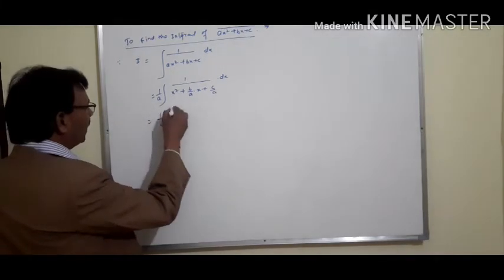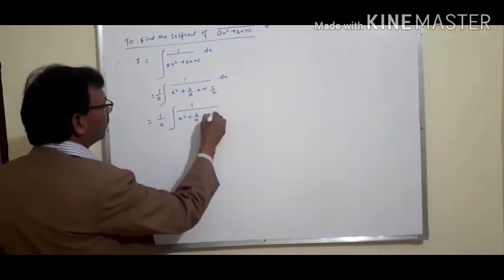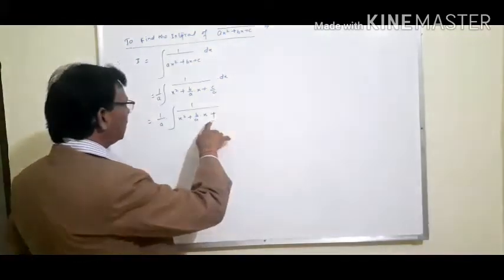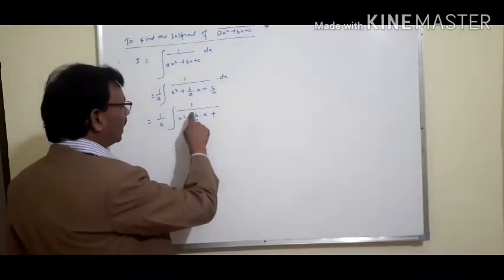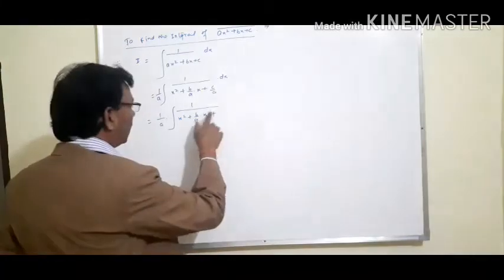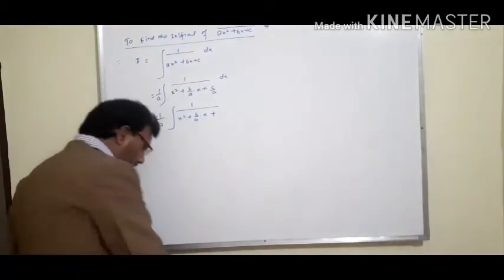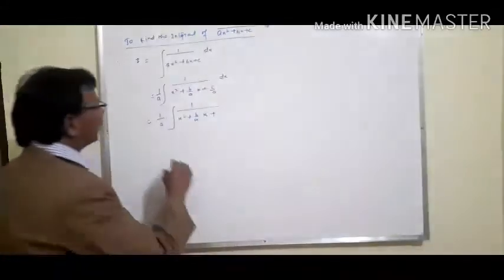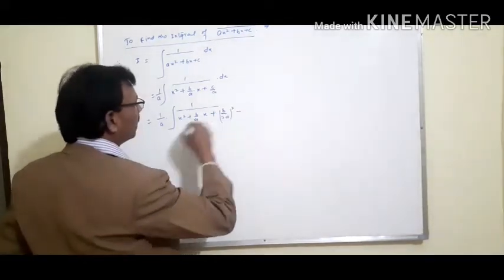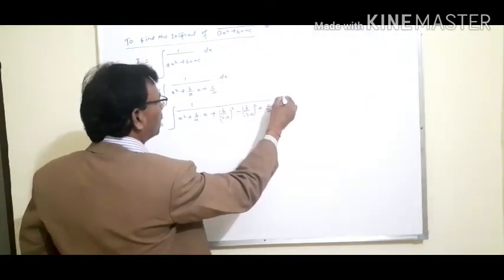Now 1 upon a into the integration of 1 upon x square plus b upon a into x plus, now in this denominator we should be adding b upon 2a whole square and also subtracting b upon 2a whole square, plus c upon a into dx.